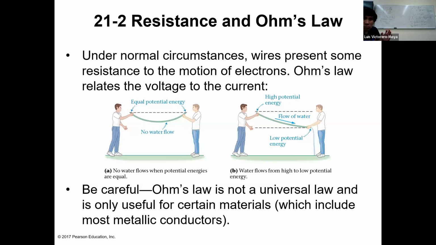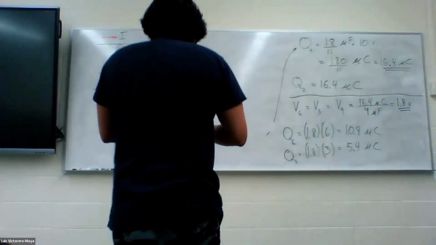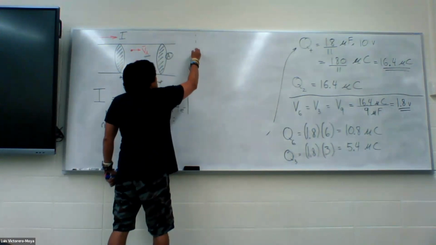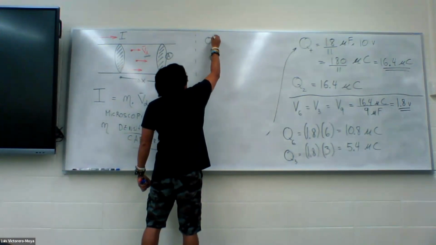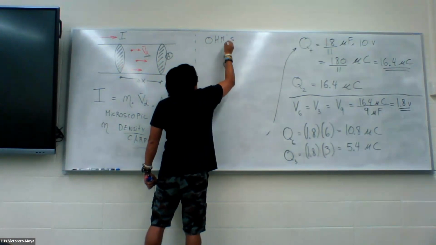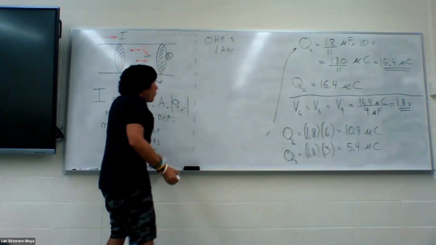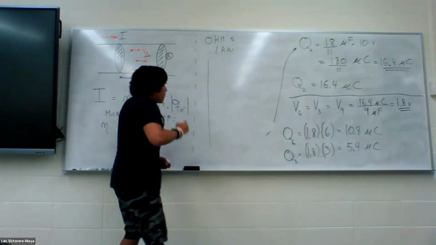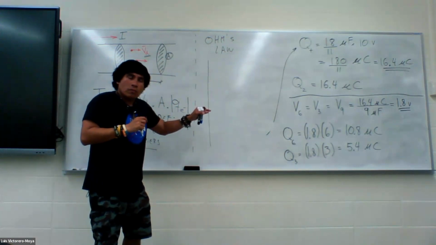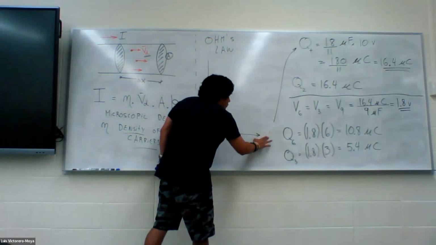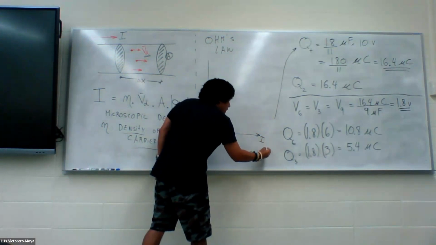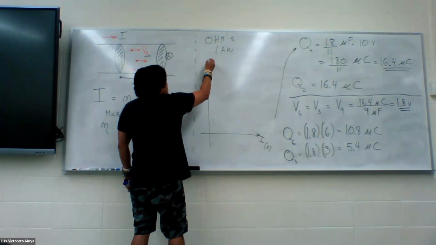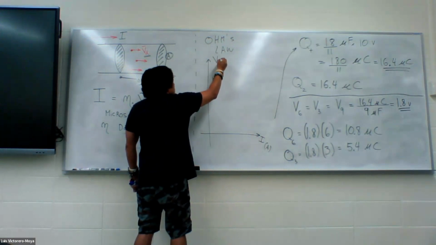A resistor, which is ohmic, you will find that it will follow this. If you plot the voltage supply to the resistor as a function of current in amperes, and this is voltage in volts.